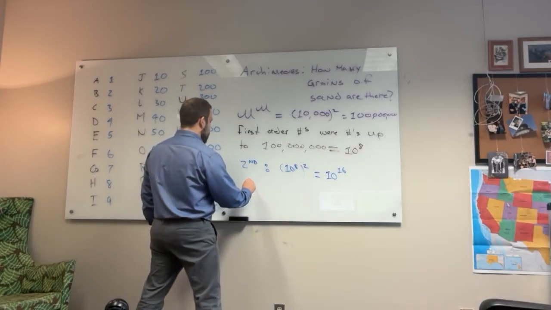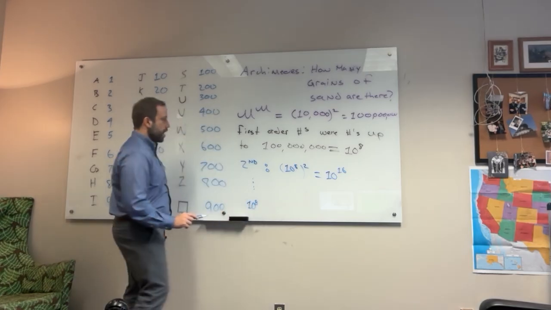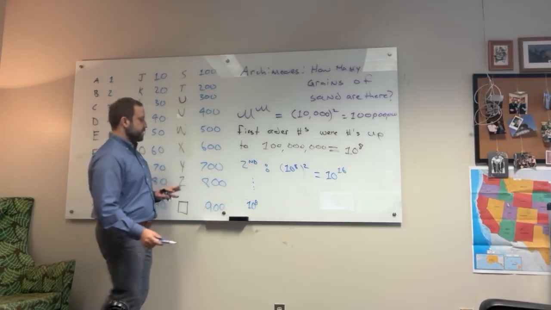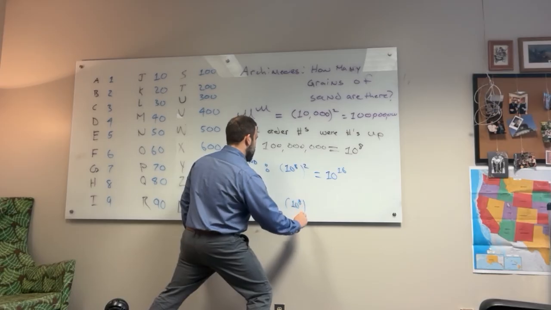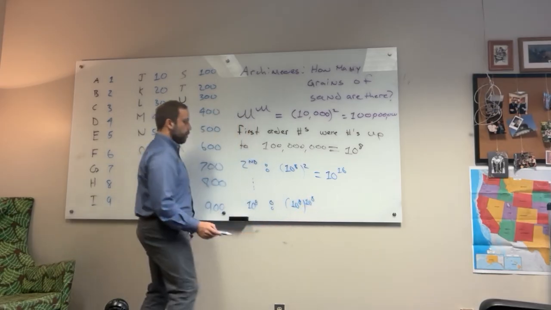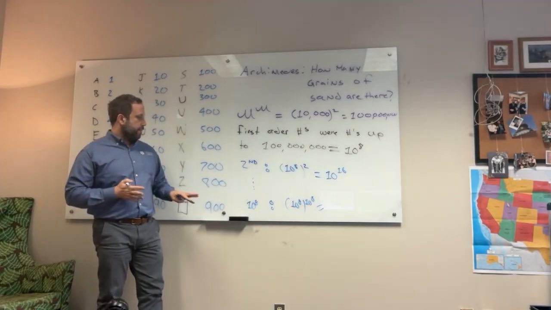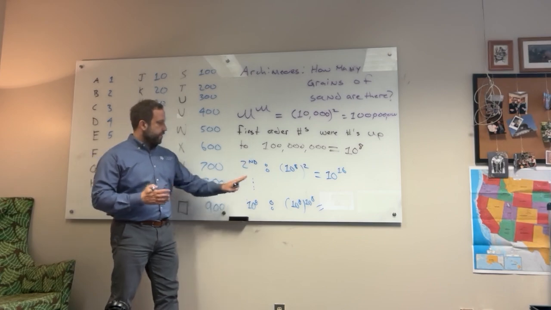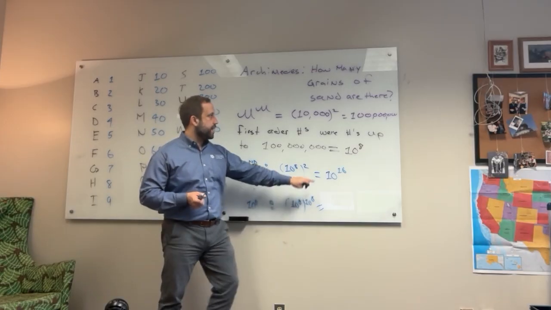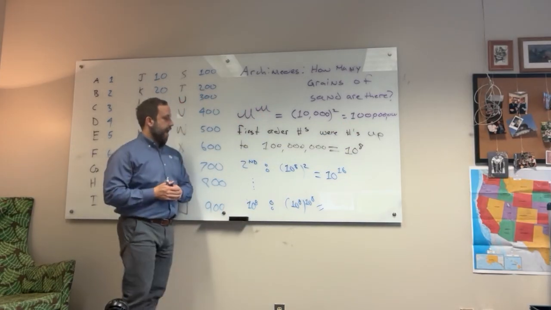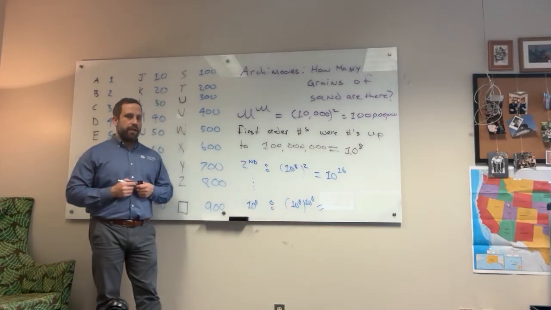So we can go all the way up to 10 to the power of 8, and this is going to be equal to 10 to the power of 8 to the power of 10 to the power of 8. Now, what is this? Well, 10 to the power of 8 is 100 million, and we multiply it by 8, which is 800 million. So this then is a 1 followed by 800 million zeros.